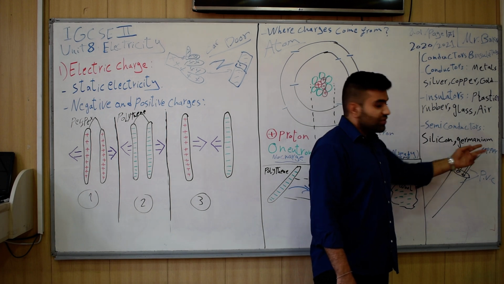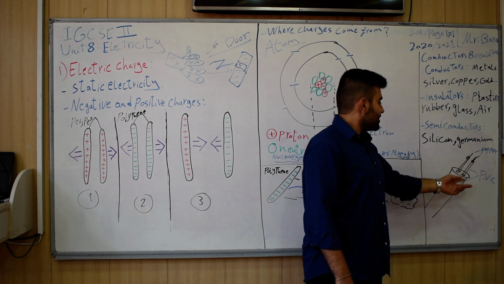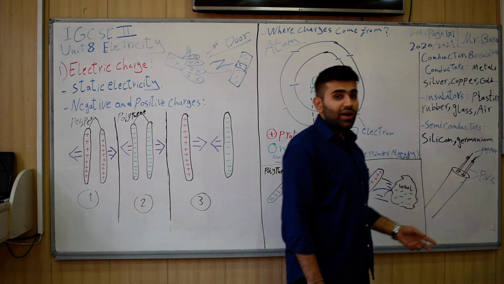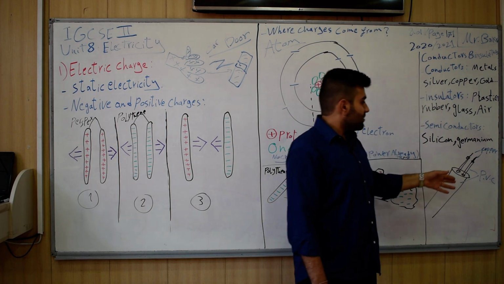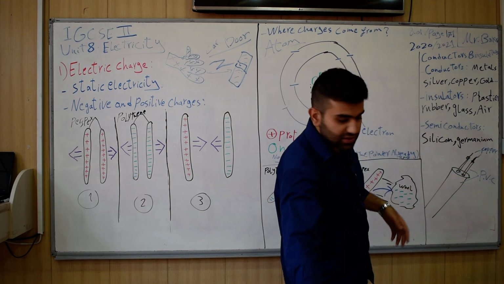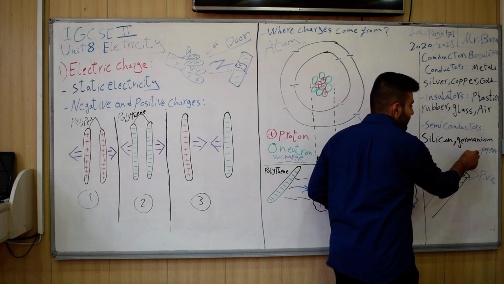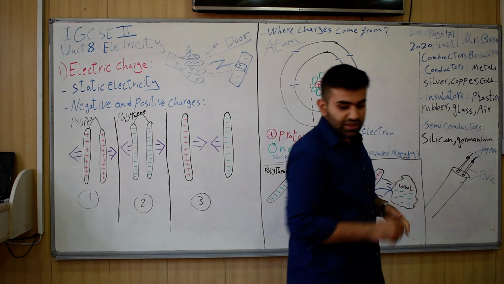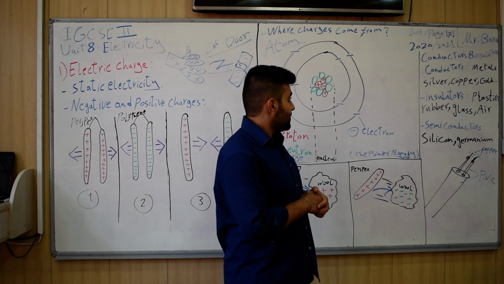They are covered by PVC. Why? We have to insulate them from the electricity, because if they touched, it would be a very big problem, because there would be contact between the neutral and the phase.